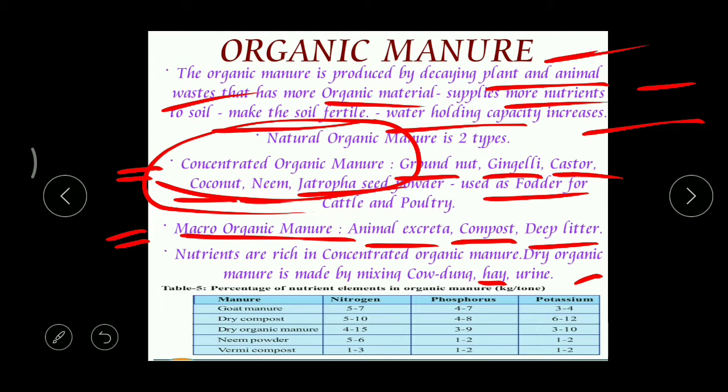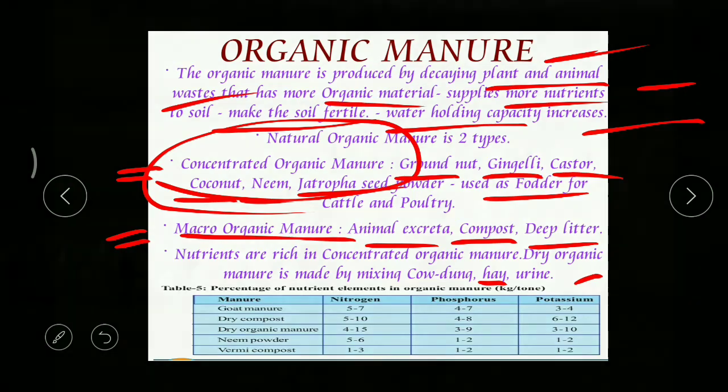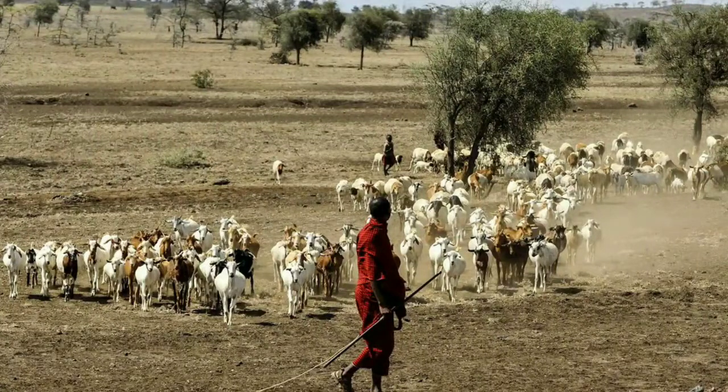So when you observe these fields, now and then while you are coming to this procedure or going to this RTPP, in the fields you may find some shepherds rearing or keeping their animals in fields. Have you seen large numbers of sheep or goats kept in the fields for a few days?